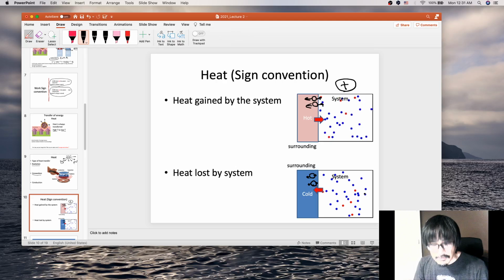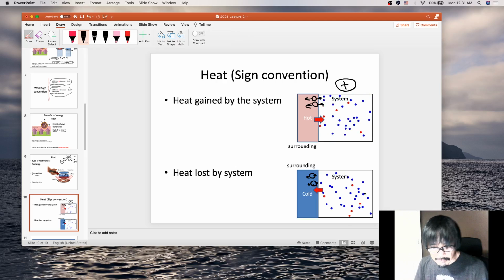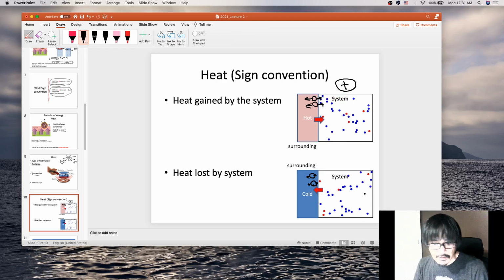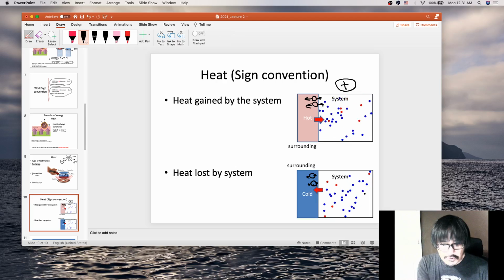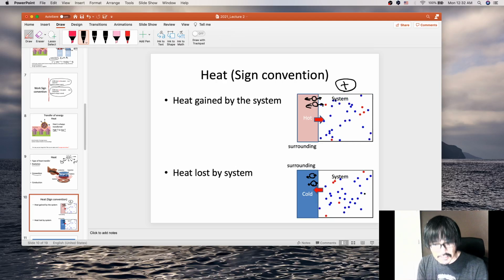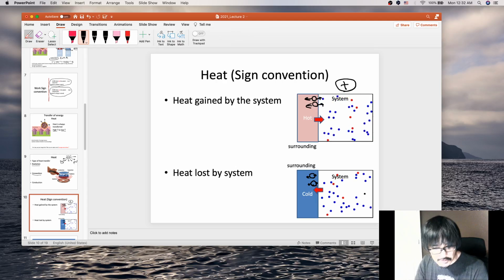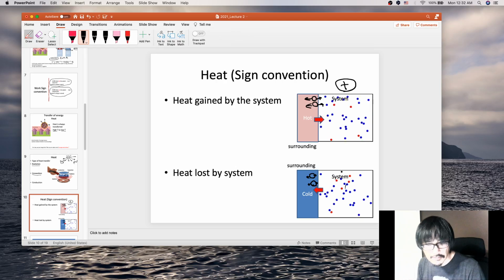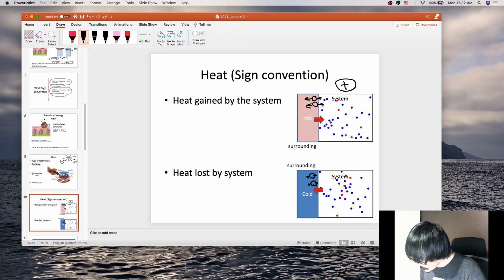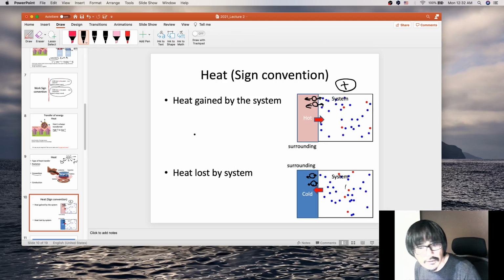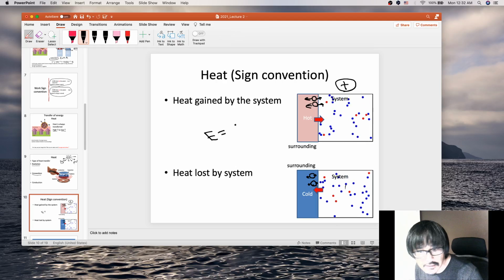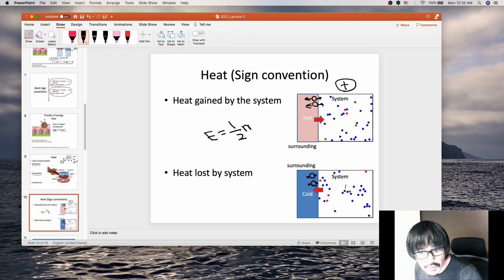So after several minutes, by putting the cold wall right next to the system, the energy is absorbed by the wall, and the system lost energy, because you see that all these gas molecules are moving slower. I'm using these things as kinetic energy because the ideal gas doesn't interact at all: 1/2 mv squared.